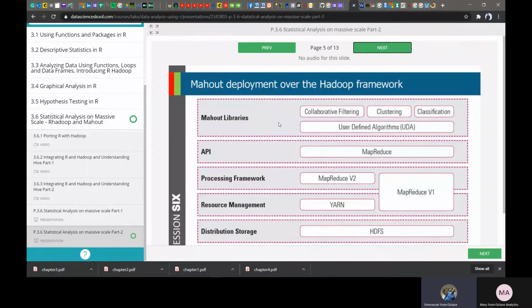It uses the MapReduce framework for processing, and also the resource management available in Hadoop 2, which is YARN, yet another resource negotiator. Then it uses the distributed file system of Hadoop, which is HDFS.